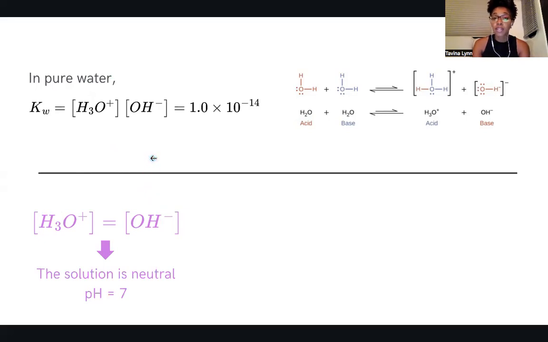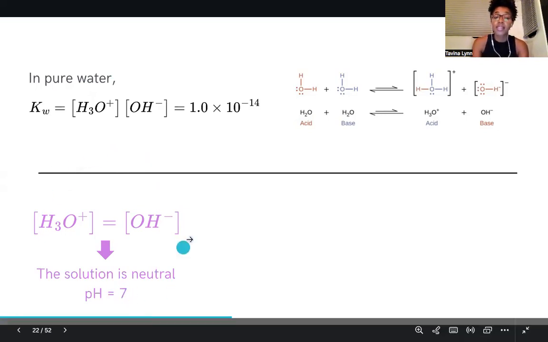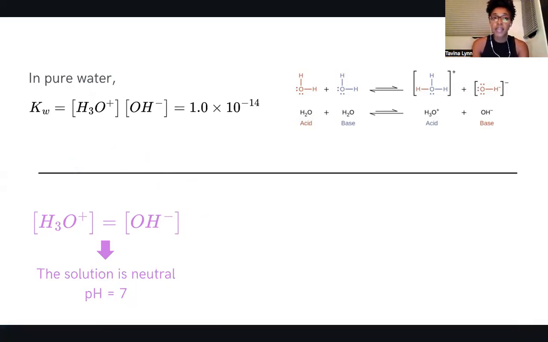So that means their concentrations are 1 times 10 to the minus 7. And if we take the negative log of that, we'll find that the pH is 7. So this is why a pH of 7 indicates that a solution is neutral.